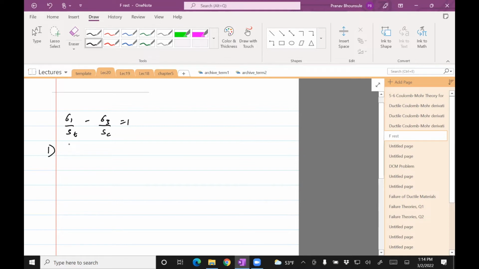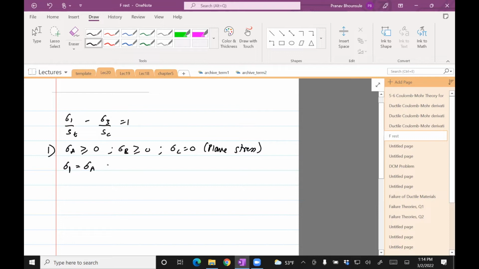So sigma A is greater than 0, sigma B is greater than 0, and then the third stress, as I said, is always 0 because it's plane stress. In this case, let's say sigma 1 is sigma A. It could be sigma B, but that's fine.